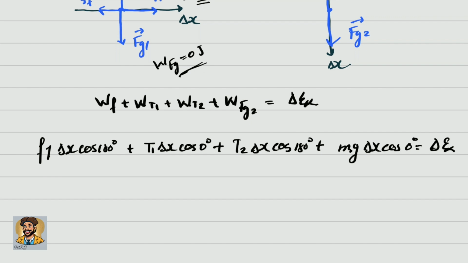This one is M2, this one here is for M1. Okay, so here is what we have.